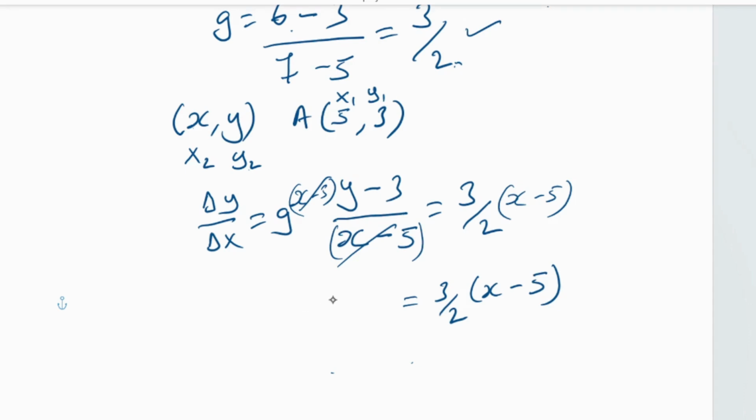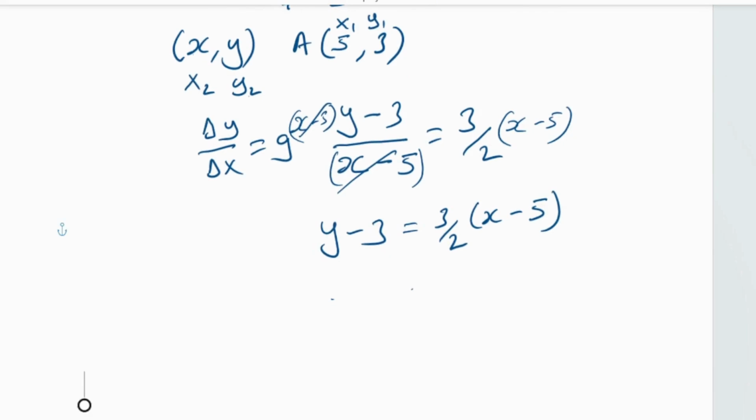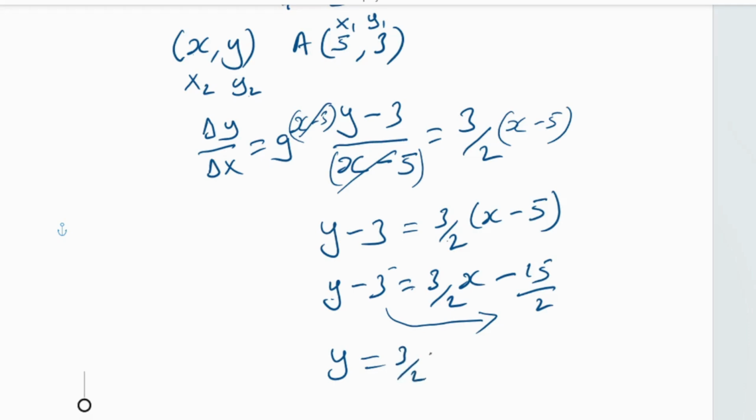So it will be y minus 3. Again, we open the bracket, so y minus 3 is equal to 3 over 2 times x, which is 3 over 2 x, minus 3 over 2 times 5, which is 15 over 2. Now we take this 3 to the other side and it will be y is equal to 3 over 2 x minus 15 over 2 plus 3.